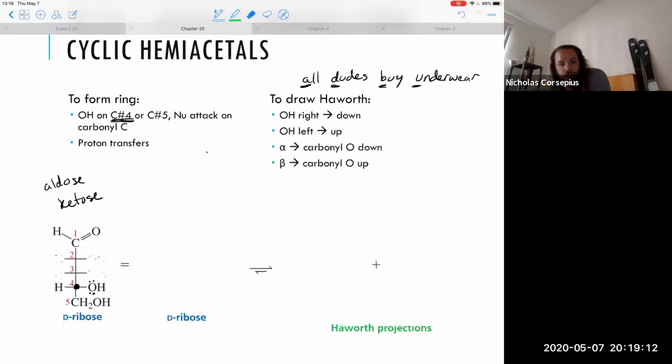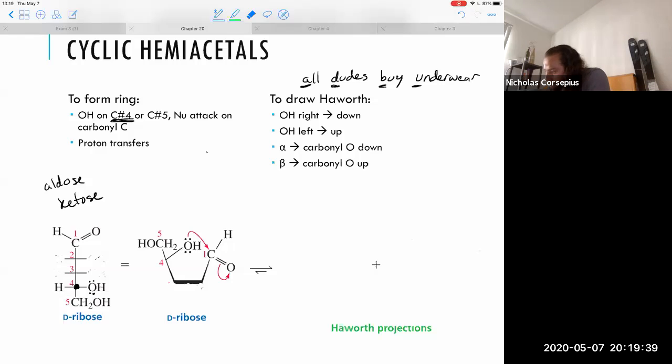So again, if we look at this where this thing is kinked into the right position, I've left off what's going on with carbons 2 and 3 for right now.